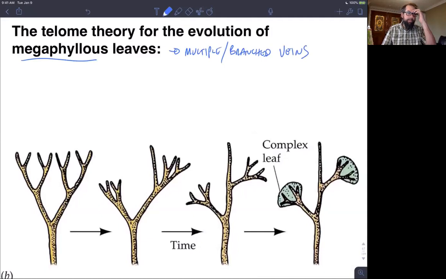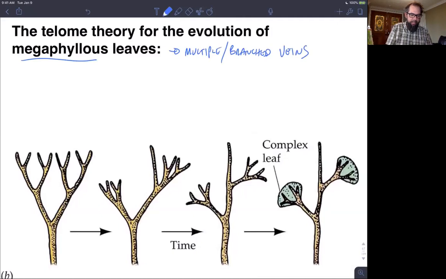The telome theory is actually pretty straightforward, and there's fossil evidence throughout those polysporangiophytes that shows this progression. There are three steps hypothesized in the evolution of leaves.